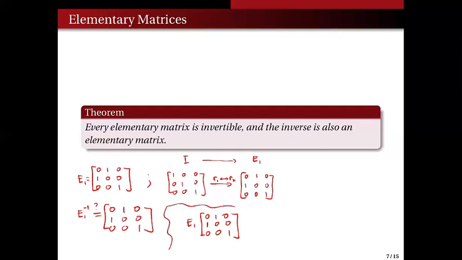But according to the previous theorem, if you know the elementary row operation applied to the identity matrix to obtain this elementary matrix here, you apply the same row operation on the right factor to get the product.